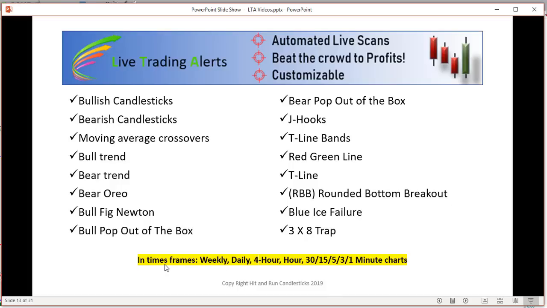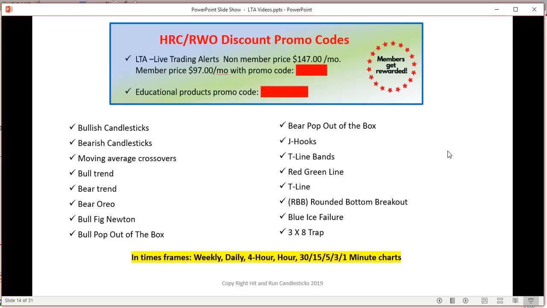And you can do this in the following time frames: weekly, daily, 4-hour, hour, 30-minute, 15-minute, 5-minute, 3-minute, 1-minute charts. Any one of these, in any time frame.